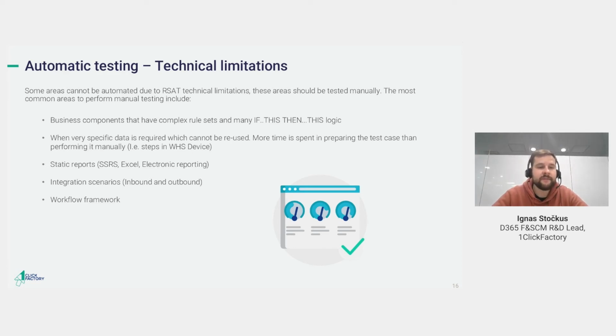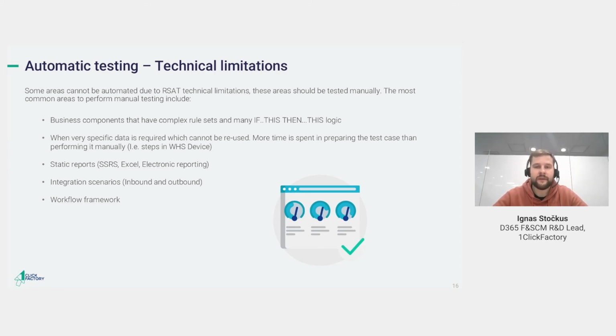Then also we have some areas like static reports, comparing the report changes, design changes in electronic reporting reports, Excel reports, or SSRS functionality, workflow framework, and also integration scenarios. Integration scenarios, probably inbound, outbound integrations. You can't really trigger those from the RSAT.